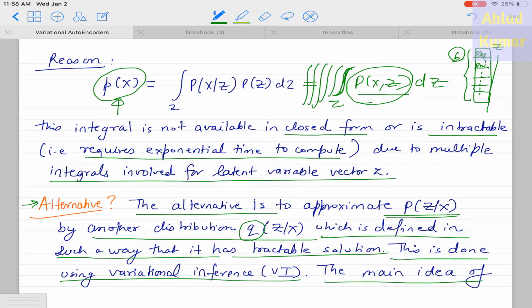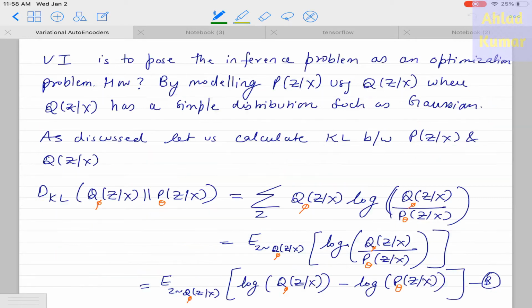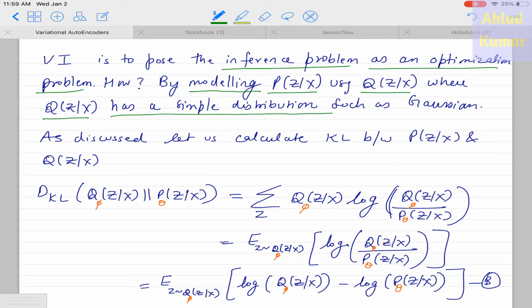The main idea of variational inference is to pose the inference problem we defined earlier as an optimization problem, by modeling p of z given x using q of z given x, which has a simple distribution such as a Gaussian. We will substitute p of z given x with q of z given x, and we know that one of the simple distributions is the Gaussian.